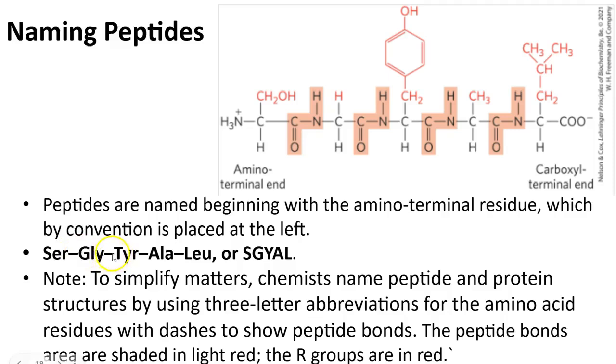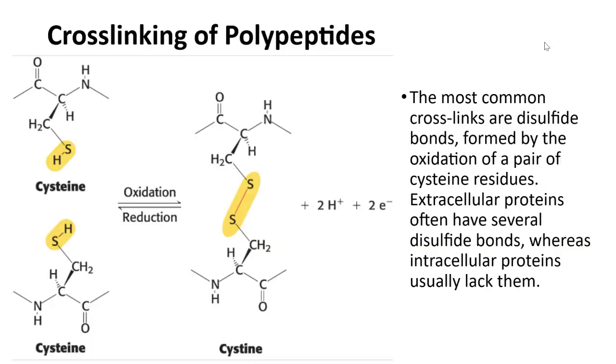So these are the dashes to represent the peptide bonds. The peptide bond areas are shaded in light red, which is shown right here, and the R groups are in red right here. And so that is the overall naming of peptides.